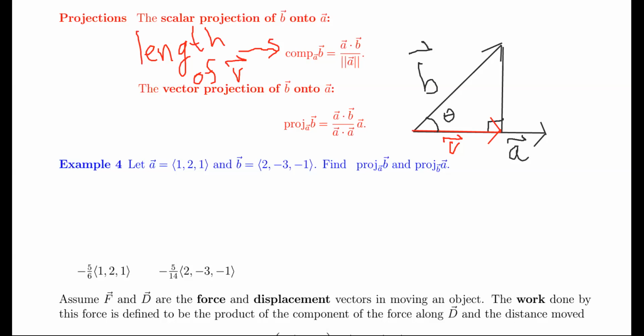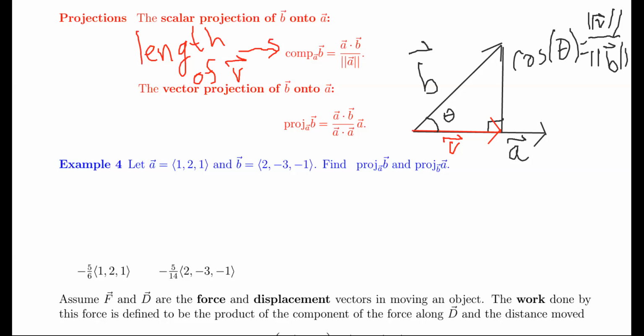So cosine of theta is equal to the magnitude of V divided by the magnitude of B.